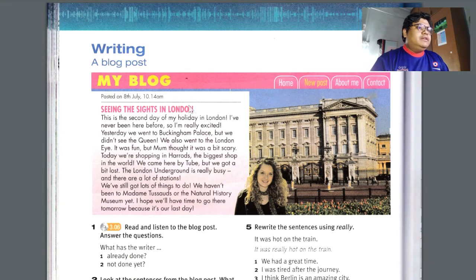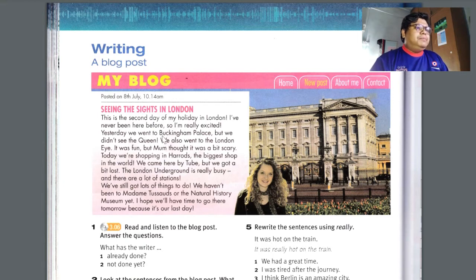So during the event of this posting, waktu post ni ditulis, penulis ni sudah mula pergi melawat London. Dan waktu post ni dibuat, penulis ni sedang berada di London. Sebab tu dia ada perkataan yesterday. So maksudnya during this post, it was not her first day in London. It was probably the second day.